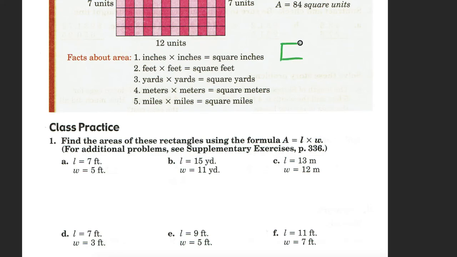Remember, a square has sides that are even on all 4 sides. That's what makes it a square. So if it's square inch, that means it's 1 inch by 1 inch. If it's square feet, then that means it's 1 foot by 1 foot. If it's yards by yards, it's square yards. Meters times meters would be square meters. Miles times miles would be square miles.